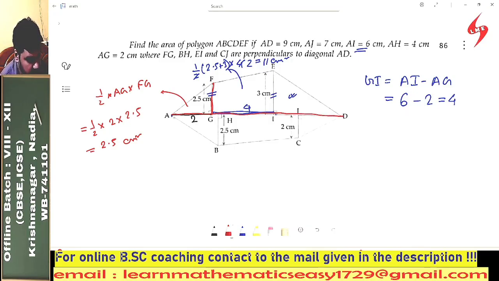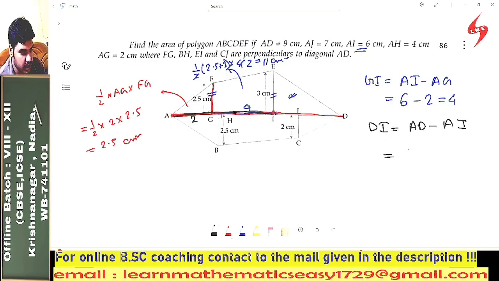And if we subtract AI from this total length, this is my A part, this is my I part. So if we subtract this part, I can easily find the distance DI. So DI means AD minus AI.